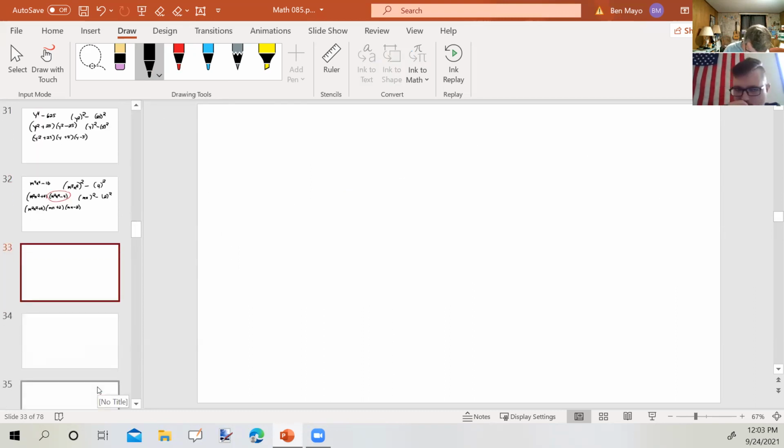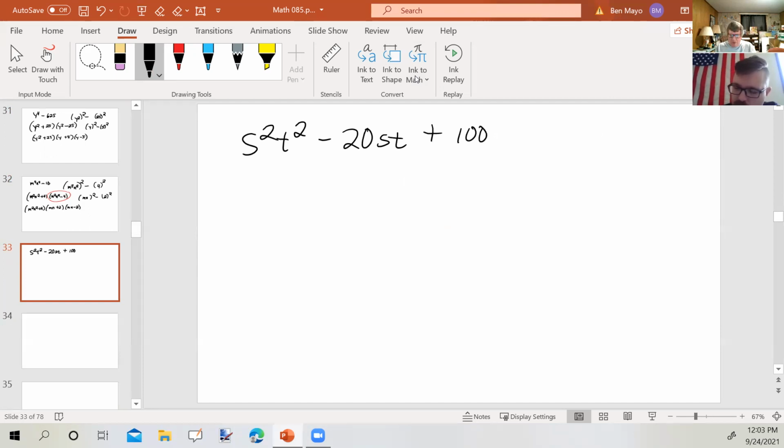So let's see here. s squared t squared minus 20st plus 100. This is a trinomial, and it's in standard form, whether you choose s as a variable or t. In fact, I would argue let's call the variable st, because we've got st to the second power, and then st, and then no st at all.